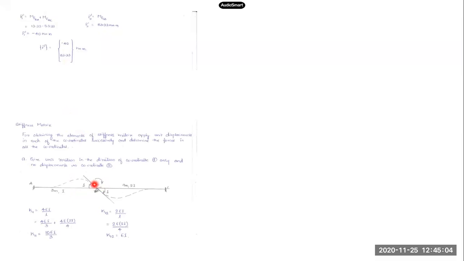I have to take each of the coordinates, one at a time, give unit displacement in that coordinate, and find what forces are developed in all the coordinates. This is the way in which we develop the stiffness matrix. So first I'll take coordinate number 1.